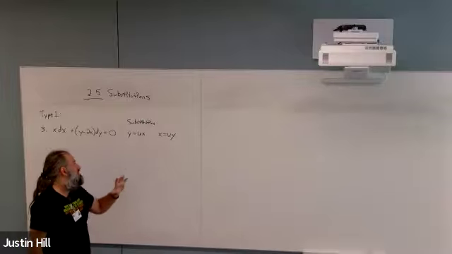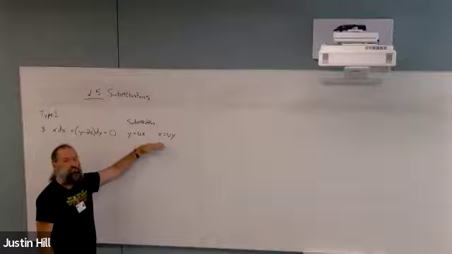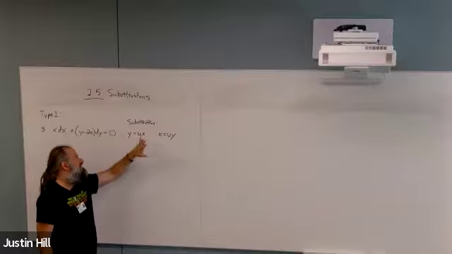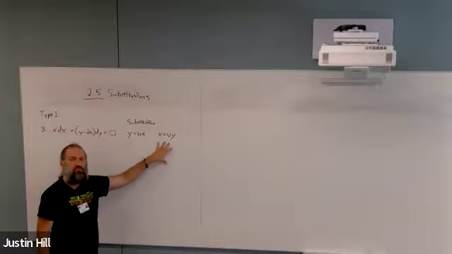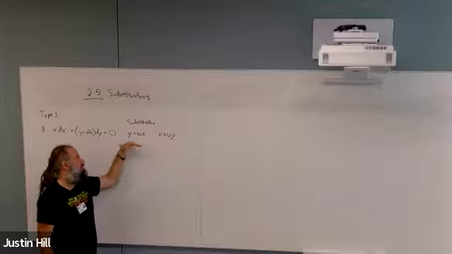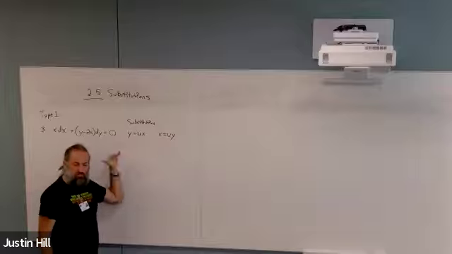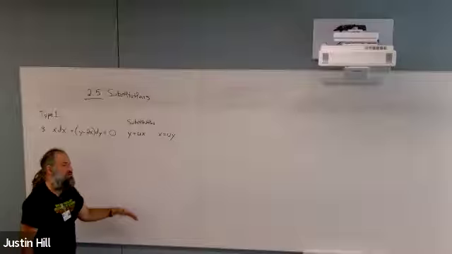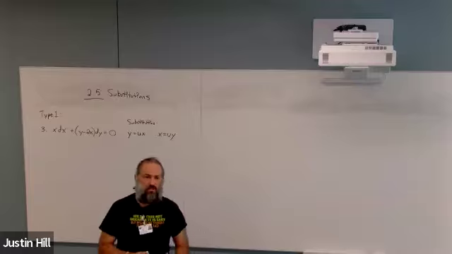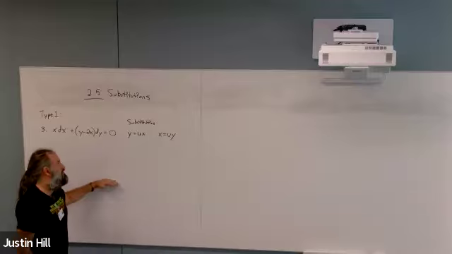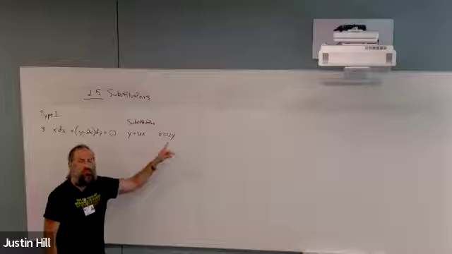Now, one of the things they also mention in the book is you don't know up front which of these substitutions is going to be the better play. Sometimes you'll use one of these substitutions and end up in a place where you can't do the integrals. That's your sign to go back and use the other substitution.